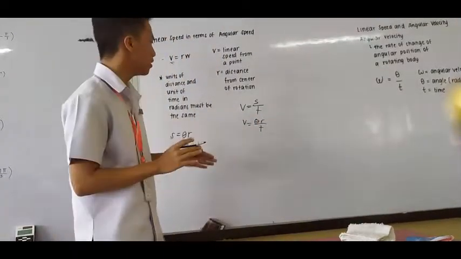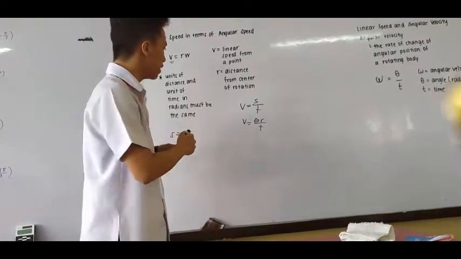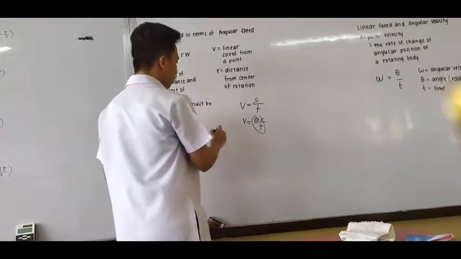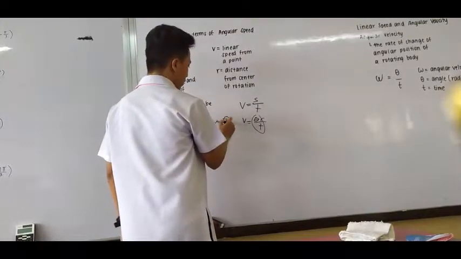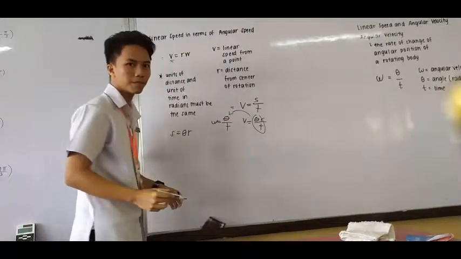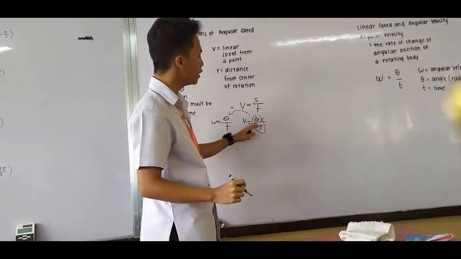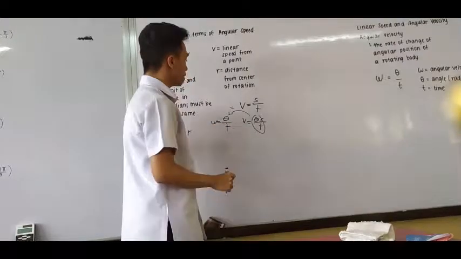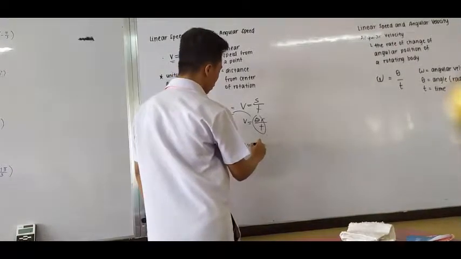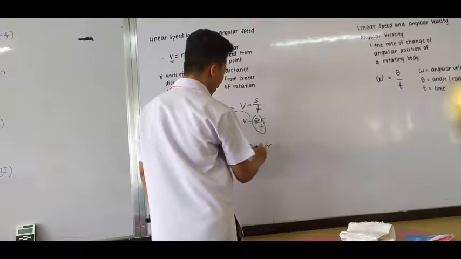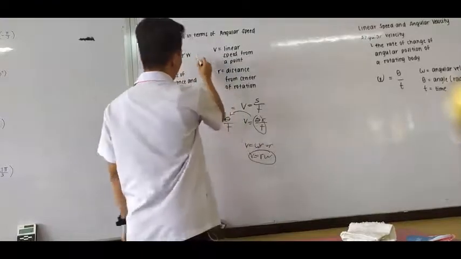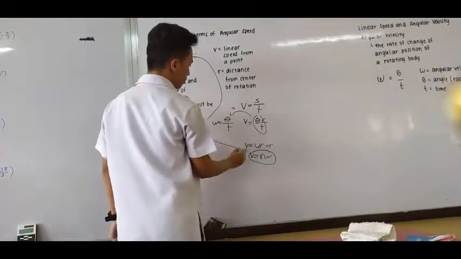Now, if you notice, this formula is the same as the formula of the angular speed. So basically they are the same. If we convert this into omega, we arrive at the same answer. So v is equal to omega r, or v is equal to r omega. And now we are at the same derivation.